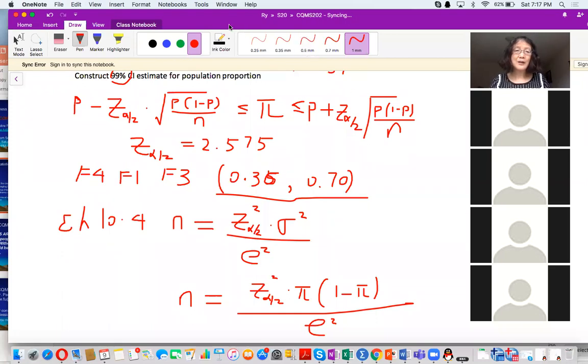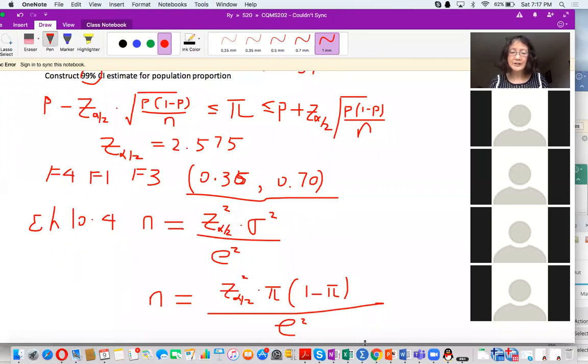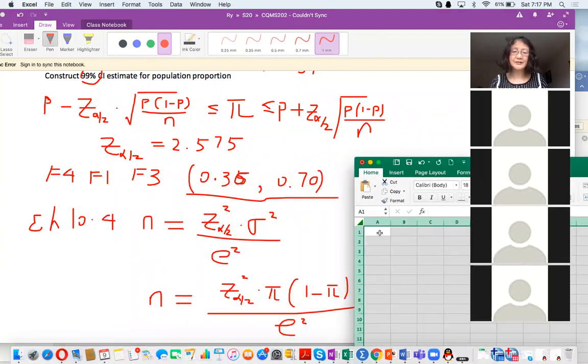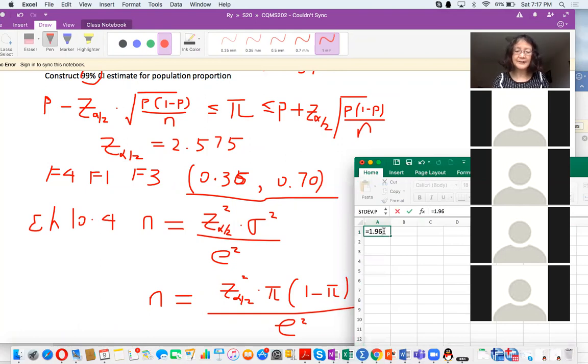I would actually strongly suggest using Excel to do these calculations. For example, Z half alpha equal to 1.96 multiplied by sigma. Sigma is 3, for example. Sigma squared divided by E squared.